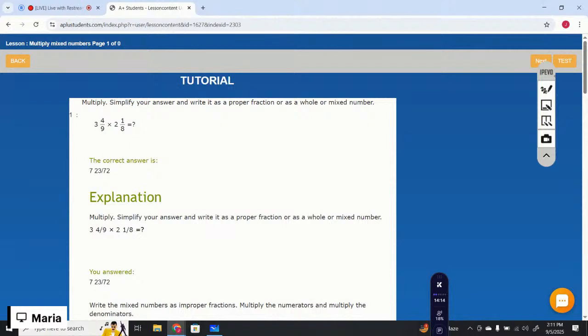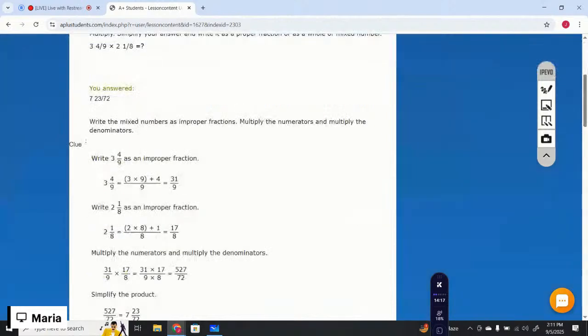First thing you need to do is write them down as improper fractions, right? So how do you write? You need to multiply the whole number times the denominator. You need to add 4. 3 times 9 is 27 and 4 is 31. That is 31 over 9.